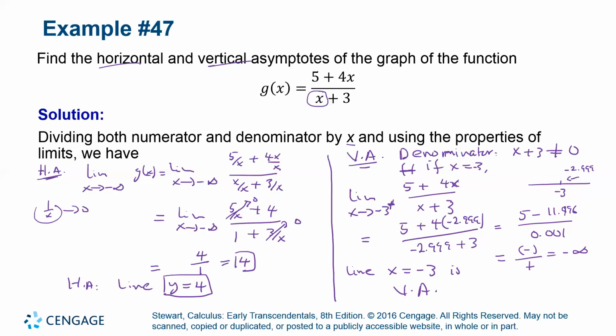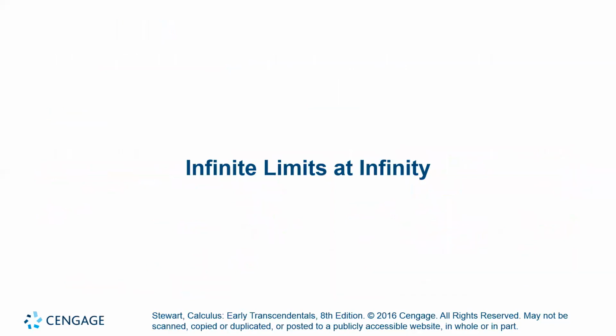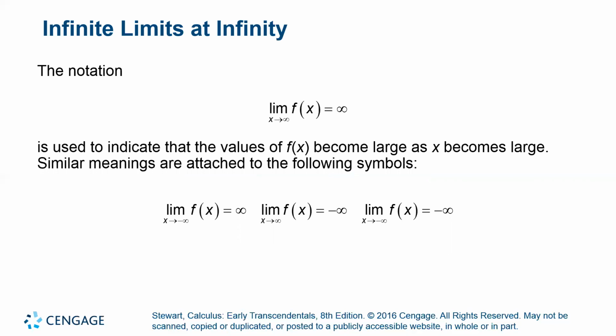Now, the final thing is I want to look at the infinite limits at infinity. That means sometimes as you increase x arbitrarily to the right infinitely, or to the left infinitely, the value gets bigger and bigger and bigger. We have certain functions that we're going to talk about in a minute. Here is the notation.